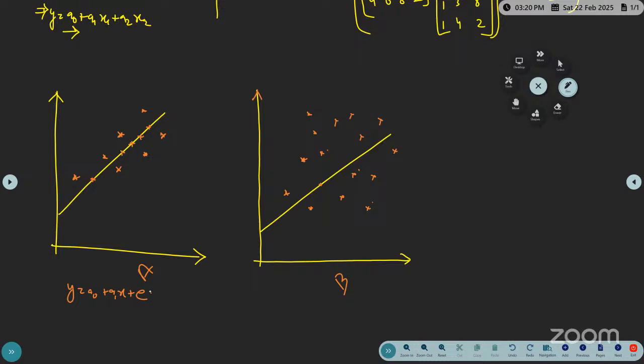Okay. So let's say you have A0 and A1 values. Let's say you have started at 0. This is A values and this is errors.